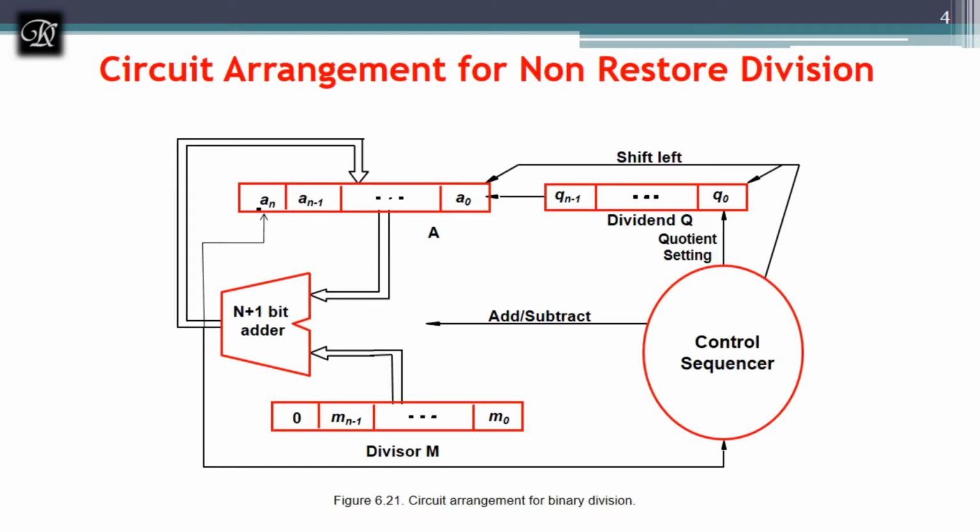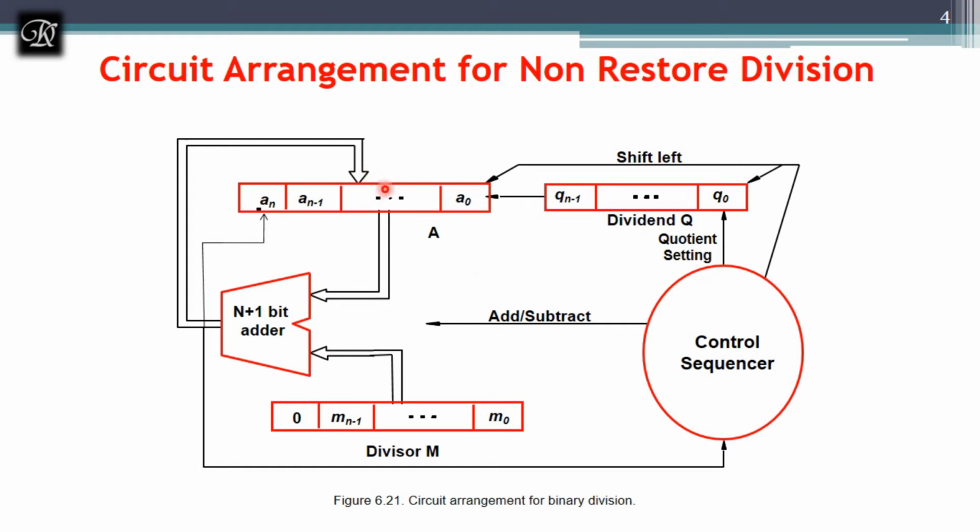For non-restore division, the circuit is the same as sequential and restore division. Similarly, like restore division, the sign bit of A decides whether to perform an add or subtract, and the shift will be performed to the left by one binary bit.